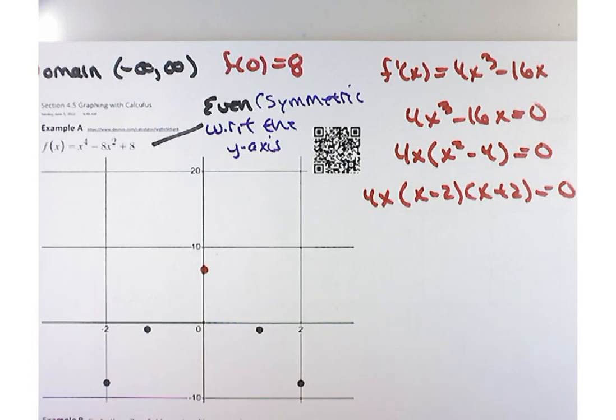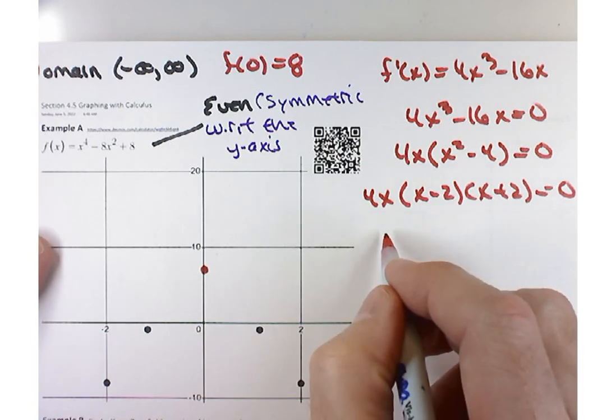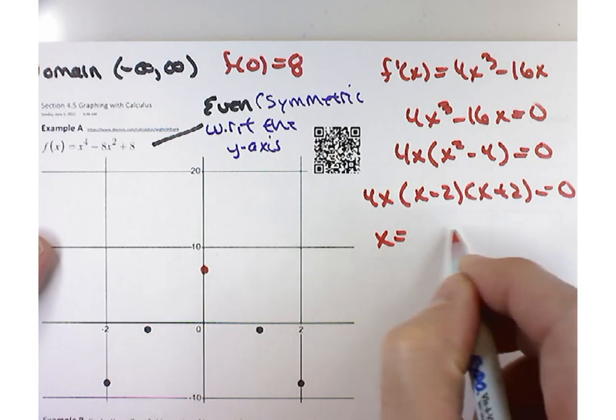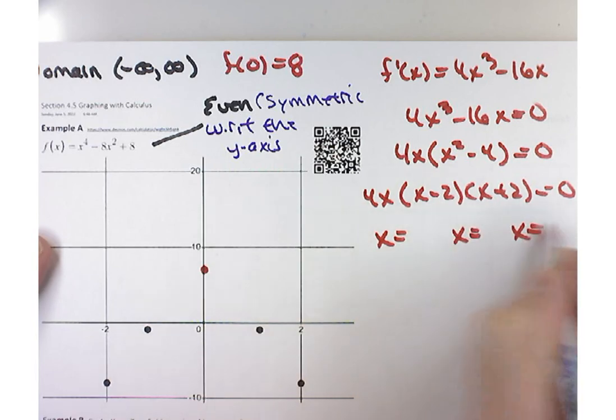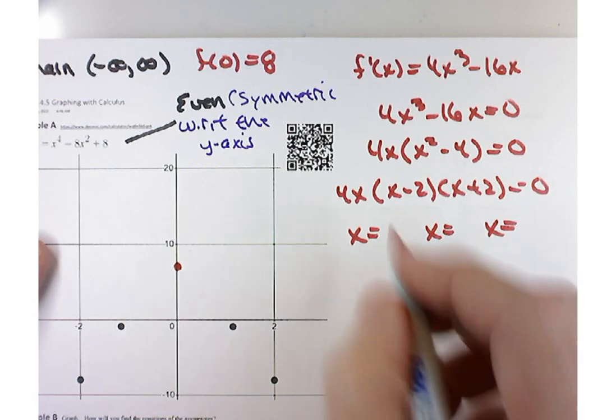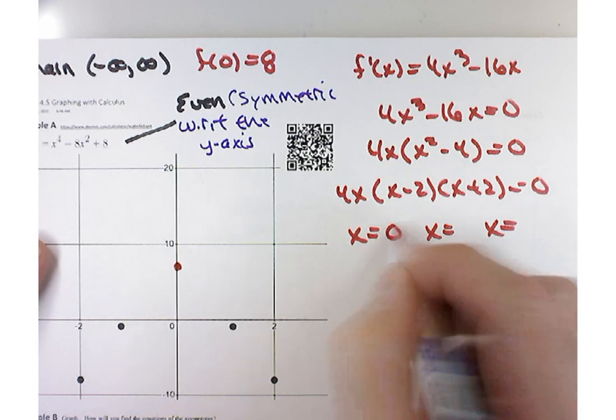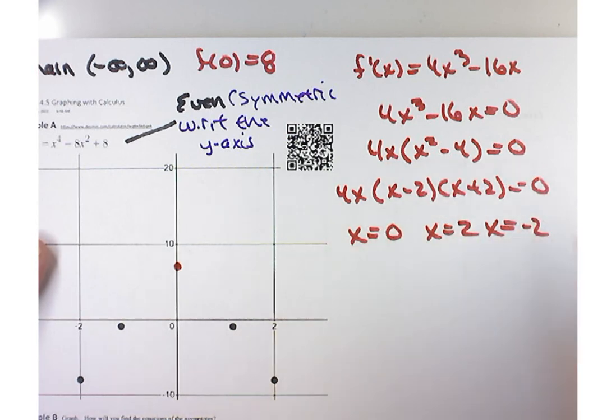So, okay, looking good there. Now what? So I get x equals what? What are my choices for x? 0, 2, and negative 2.